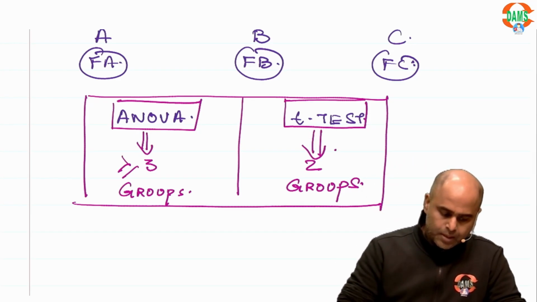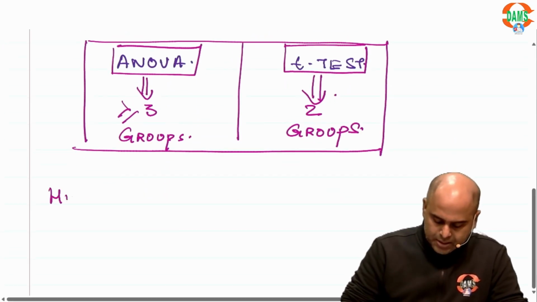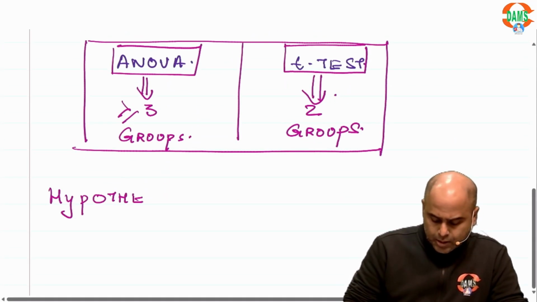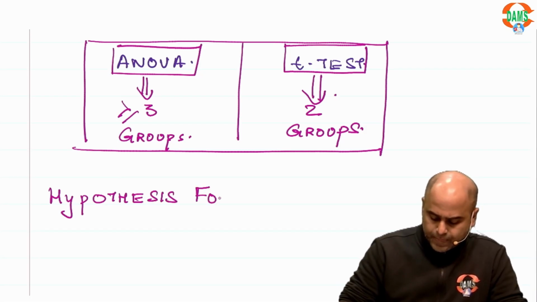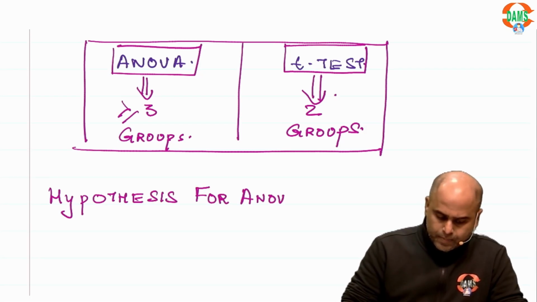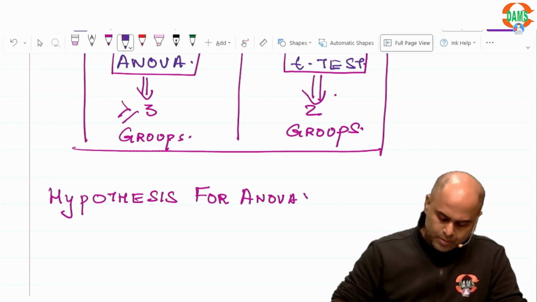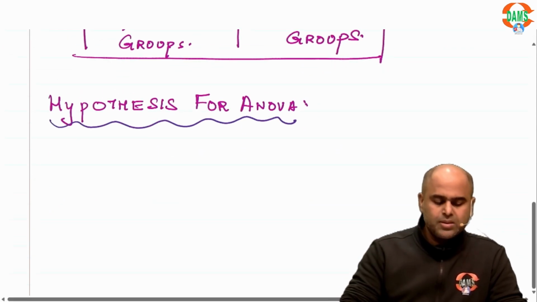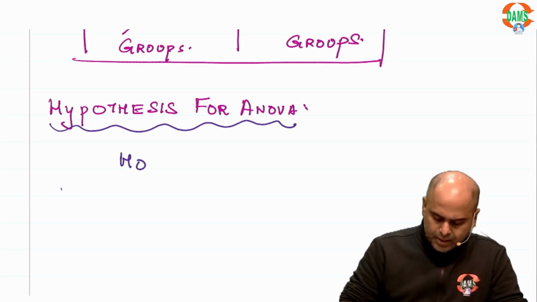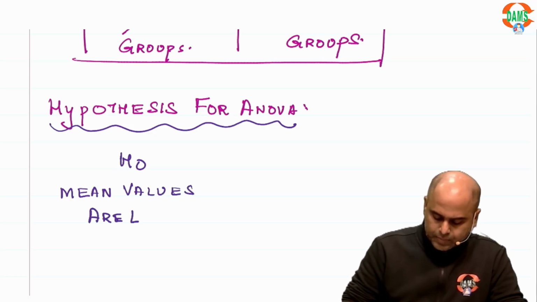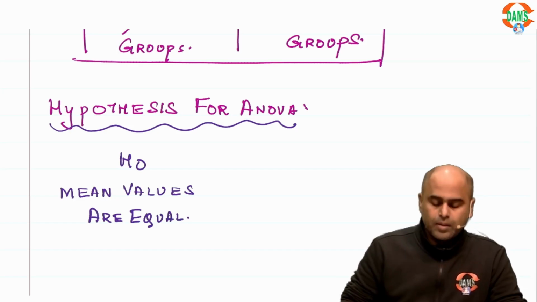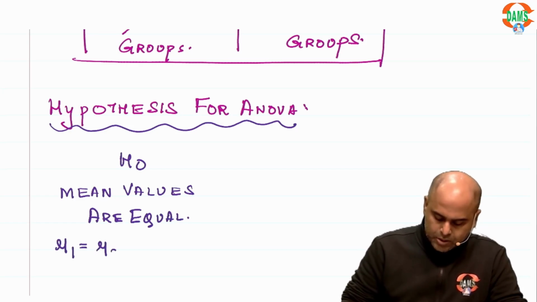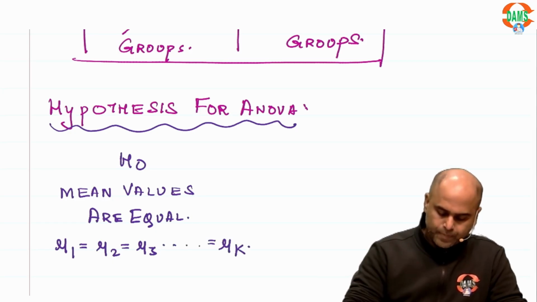Now, what will be my hypothesis for ANOVA? My null hypothesis is that the mean values are equal, like mu1 equals mu2 equals mu3 equals mu k.